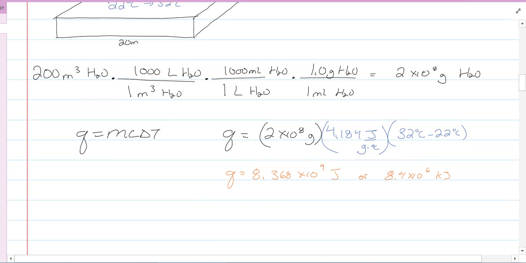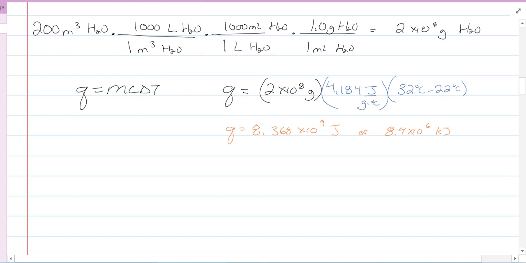Now we can figure out how much propane. So we're going to start with this 8.4 times 10 to the 6th kilojoules. And we know, again, it's negative, but that negative means it's exothermic. 2,044 kilojoules is required with 1 mole of C3H8.